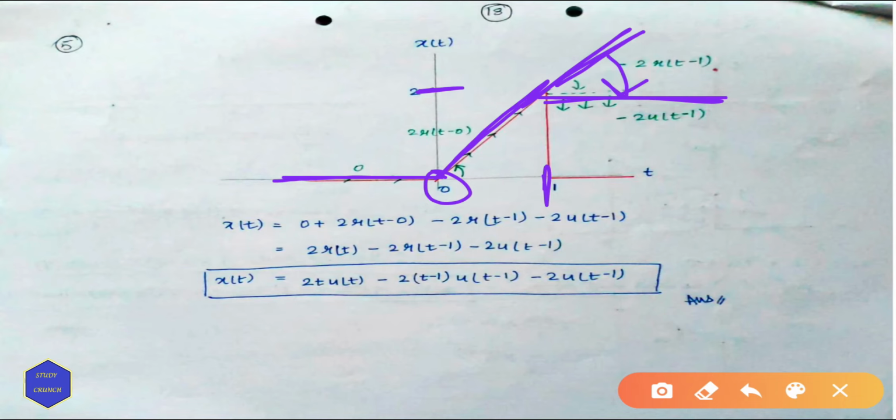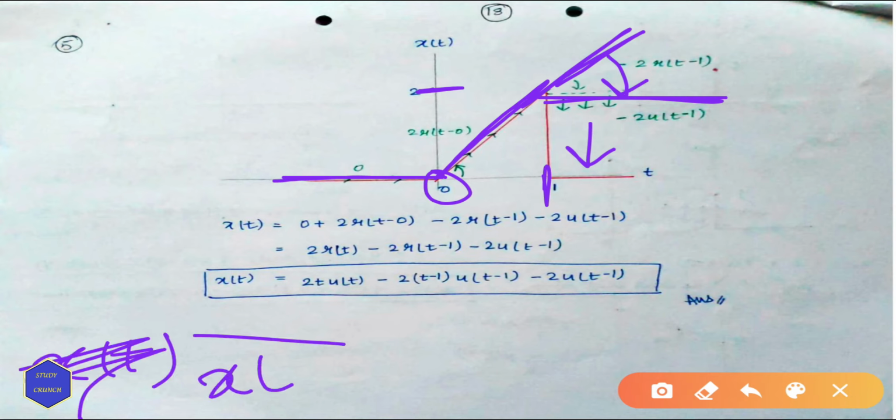So it is minus 2r(t minus 1). Then only it will move to negative direction. So minus 2u(t minus 1), because it is a step signal. So ramp and step both are mixed up. So the answer will be x(t) is equal to 2t u(t) minus 2(t minus 1) u(t minus 1) minus u(t minus 1).